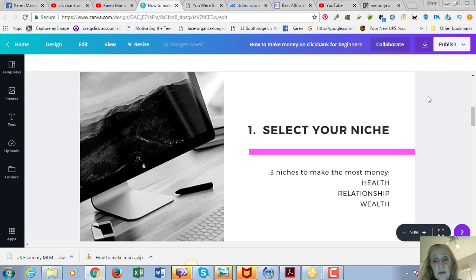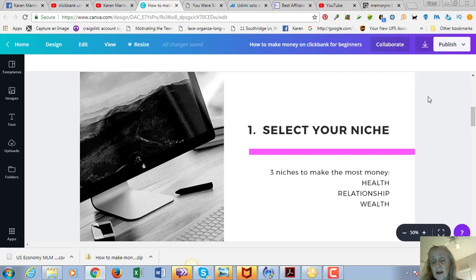And the first thing you want to do is select your niche. You want to be careful on what you choose because you want to choose one of these three niches, because these are the three areas that people have the most pain in. The first one is health, and a couple areas that are really hot right now are CBD oil and the keto diet.